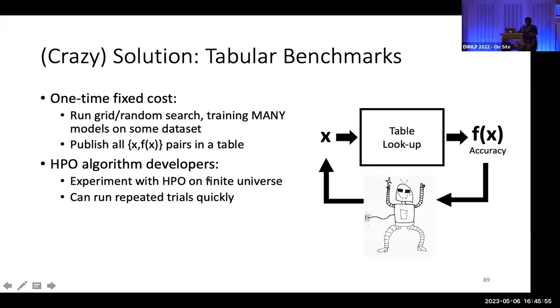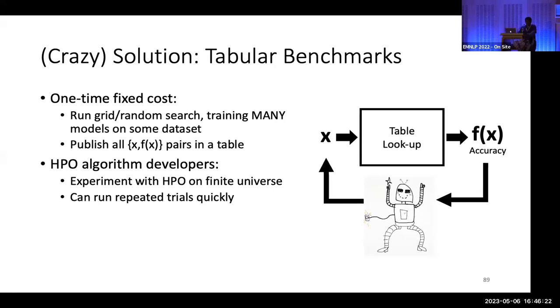The disadvantage, of course, is that this one-time fixed cost may be very large, right? So you're going to burn a lot of compute trying to do a big search. And second, your models are now fixed. So when you run HPO, you're only sampling from this fixed finite universe, so there might be things outside of this.